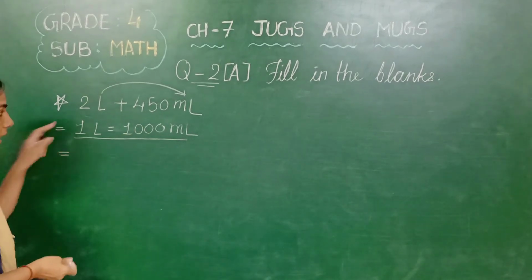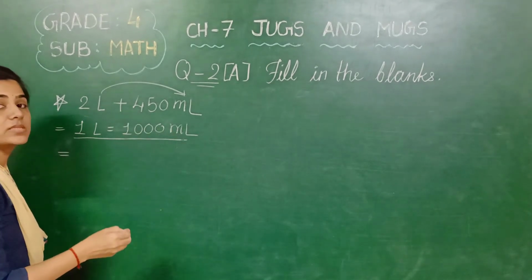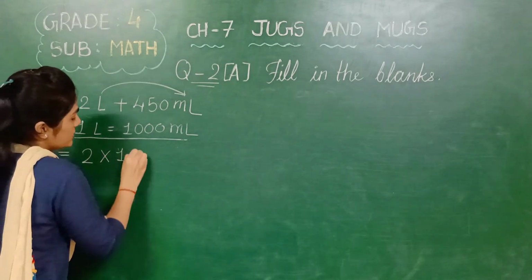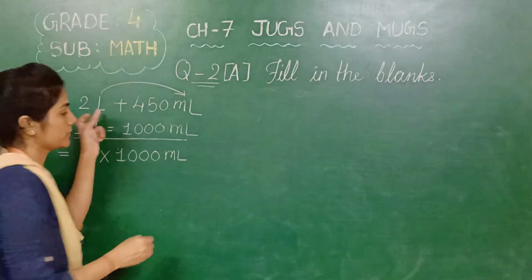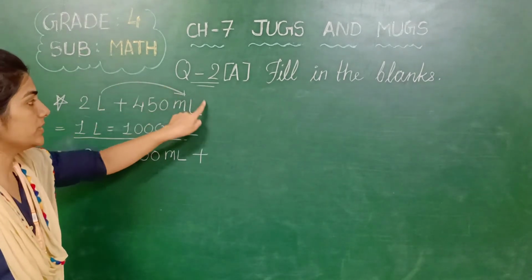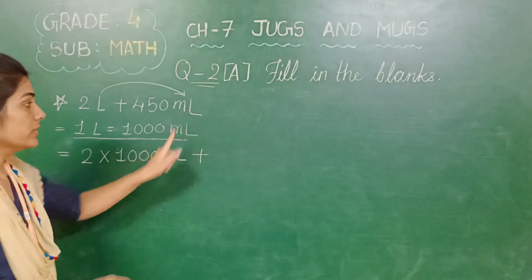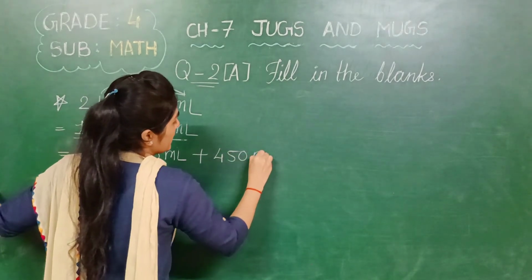We already know how to convert big into small. That means multiplication will come. So 2 multiply 1000, and milliliter we will keep. Liter will be removed. Plus this 450 is already in milliliter, so there is no need to convert it. We copy the same 450 milliliter.